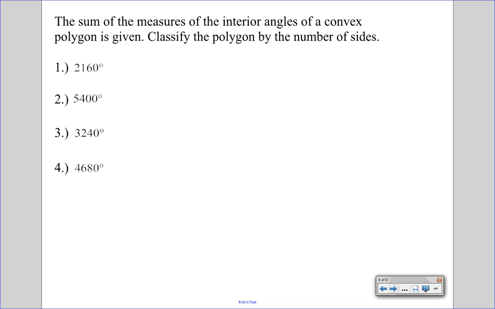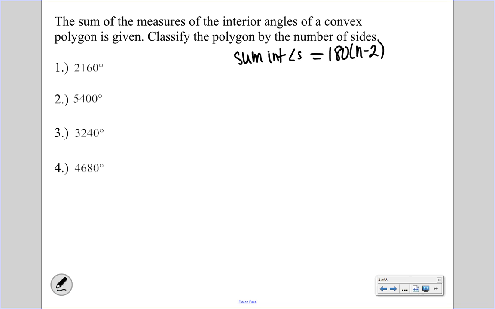Now what we can do is kind of go in reverse. I can give you the sum of the measures of the interior angles, and then we can find the number of sides and then classify it, because n is the number of sides. So we're still using our formula, 180 times n minus 2, but we also have to include that this is equal to the sum of interior angles.